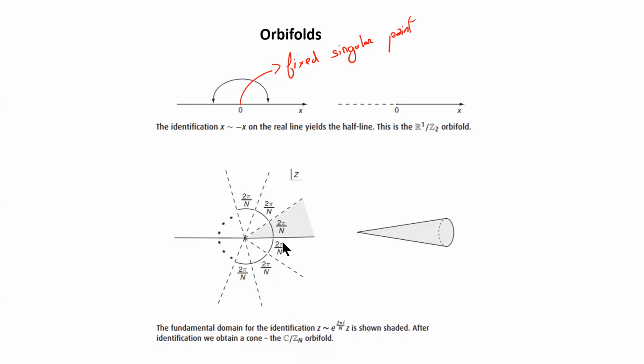So the smallest step of the rotation is 2 pi divided by n. Here we have the identification C by Zn, where C denotes the complex plane. These are rotations in the complex plane, and we have Zn denoting this identification.